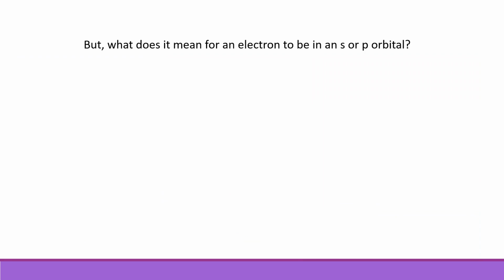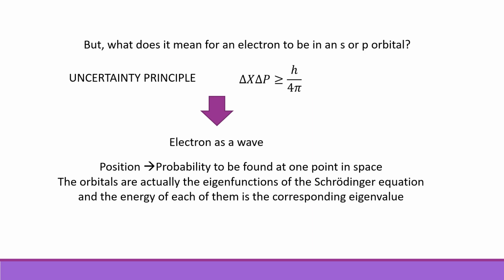Okay, what does it mean for an electron to be in an s or a p orbital? You know from the uncertainty principle that delta x times delta p must be greater or equal to Planck's constant divided by 4 pi.